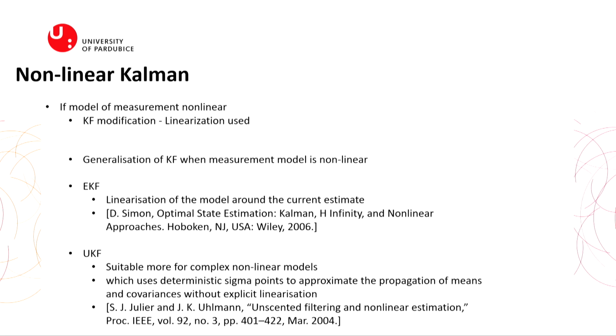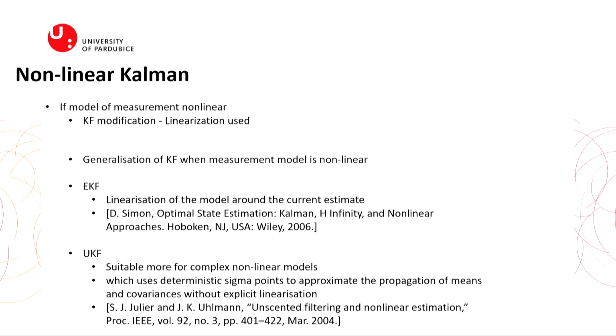So, if the measurement model is non-linear, then we need to use a Kalman filter modification, because we can't use the standard Kalman filter introduced by Professor Kalman, because it is just for linearized models. So there are two popular non-linear Kalman filtration extensions. One is the extended Kalman filter, which linearizes the model around the current estimation. So it is just for a slightly non-linear model.